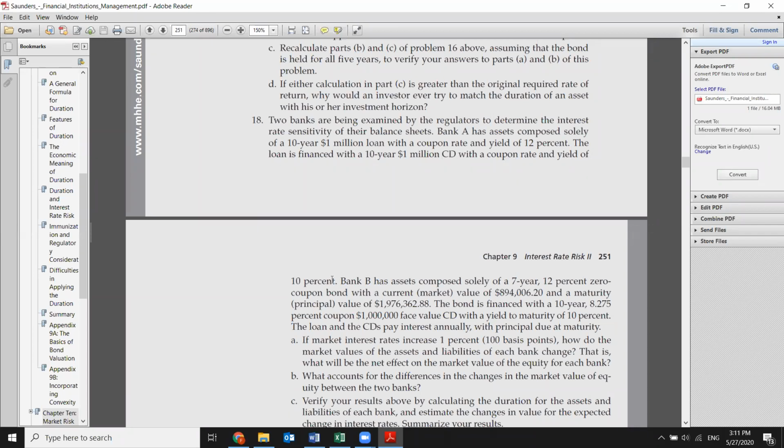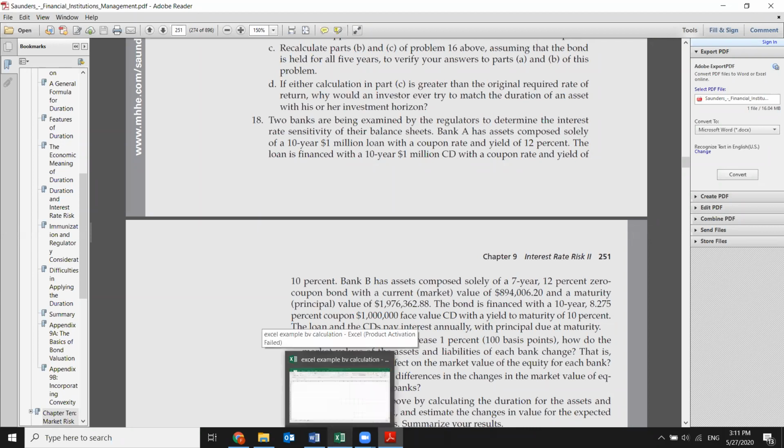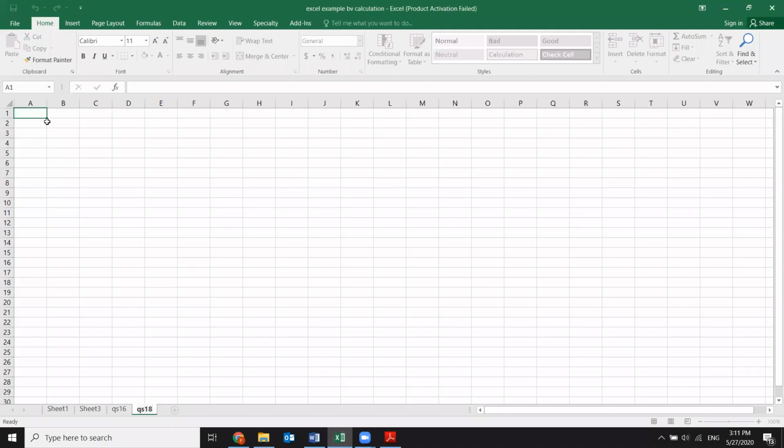Okay. So let's put the things into Excel, to see the picture of the balance sheet of this Bank A more clearly. Okay. We have Bank A. So Bank A has assets. Let me just highlight it and make it so that it can be filled.